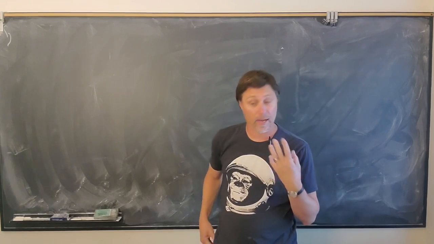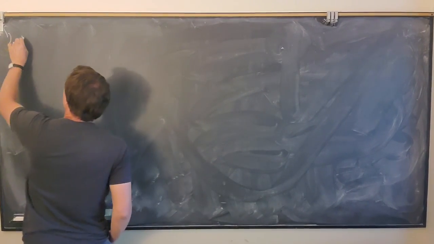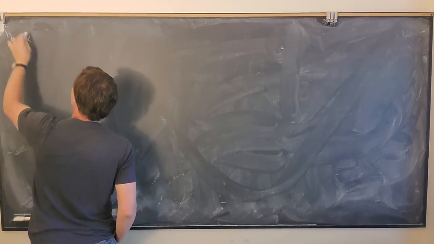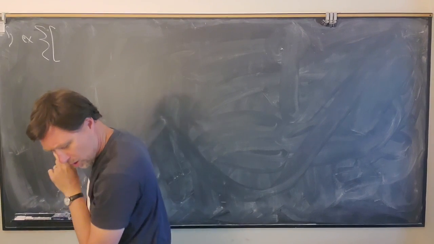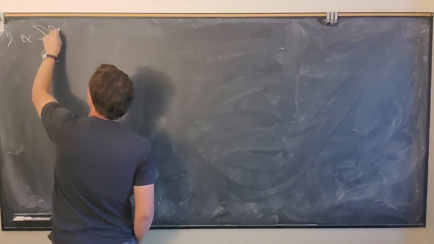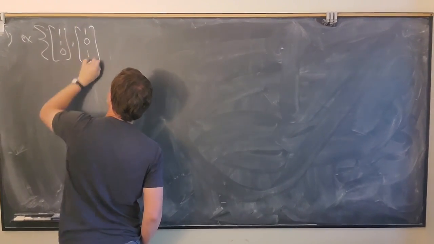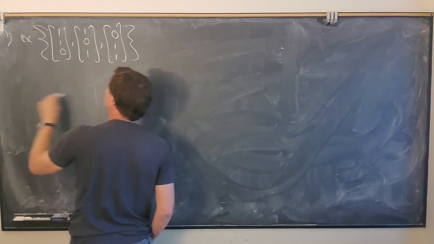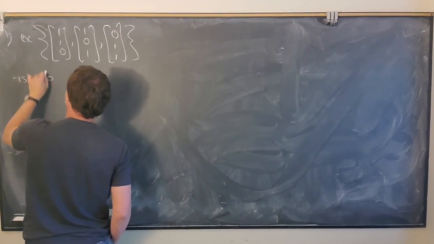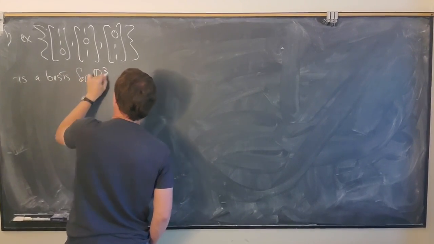Okay, so now for our next example, let's consider this one right here. My claim is that the following set, so it's going to be some column vectors 1, 1, 0, and then 1, 0, 1, and 0, 1, 1. So the claim is that this is a basis for R3.